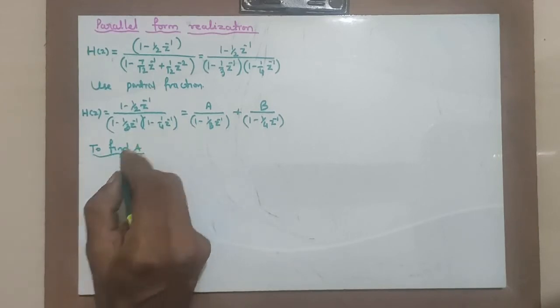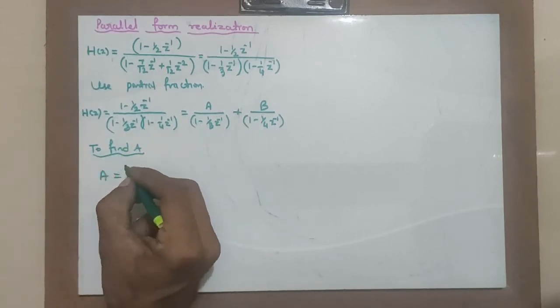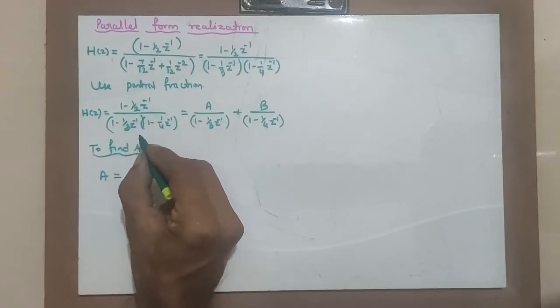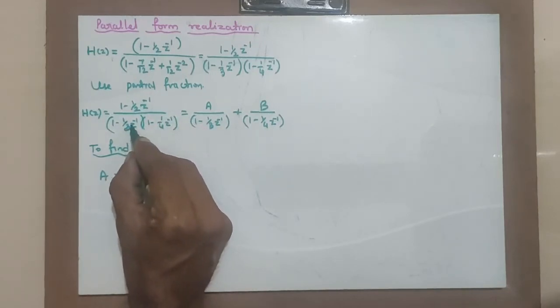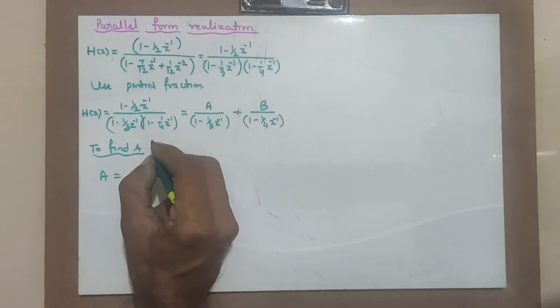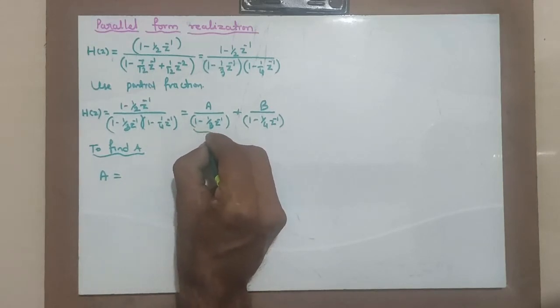A, what you will be doing is, on this side, 1 minus 1 by 3 z raised to minus 1 goes. To find A, obviously you know that this factor becomes 0.